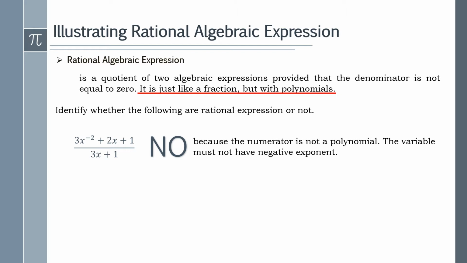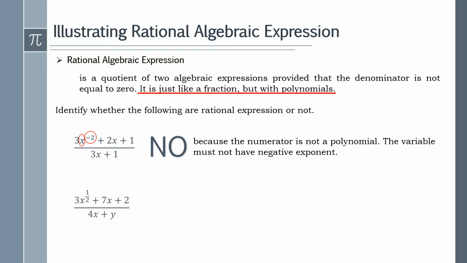We can say that an expression is a polynomial if our variable has no negative exponents. In this case, there is one. Look at the x, our variable here, class; it has a negative exponent. So if the exponent is negative, that is not a rational expression. So you check the expressions, or the variables, whether in the numerator or in the denominator. If there is one like that, then that is not a rational algebraic expression.